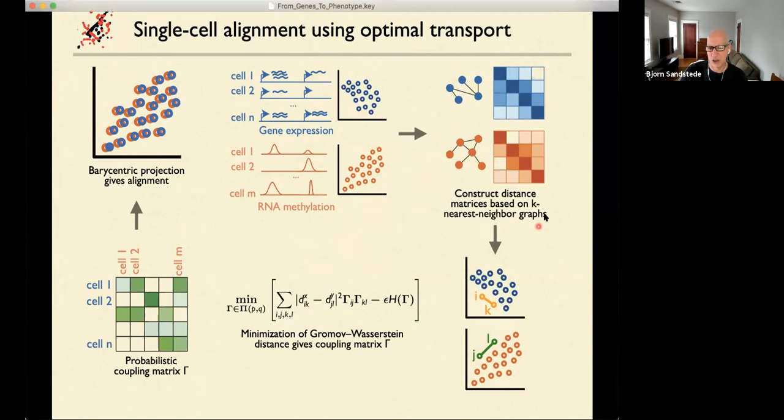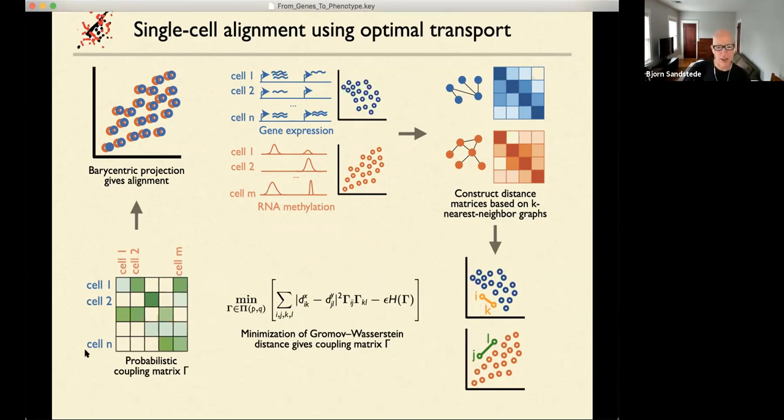So we are essentially creating a k nearest neighbor graph for a fixed value of k. That's one of the parameters we need to set. Then we can use that to create a distance. So we now have a network. We know who's connected to whom. And for each of these points, we can generate a distance from that k nearest neighbor graph. Once we have that distance, we can apply the Gromov-Wasserstein distance.